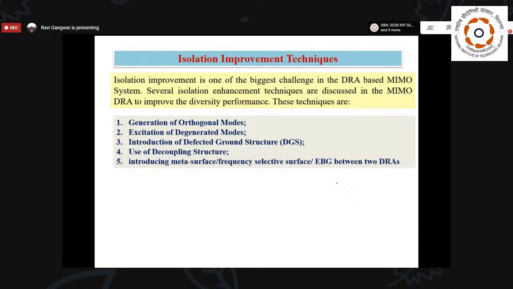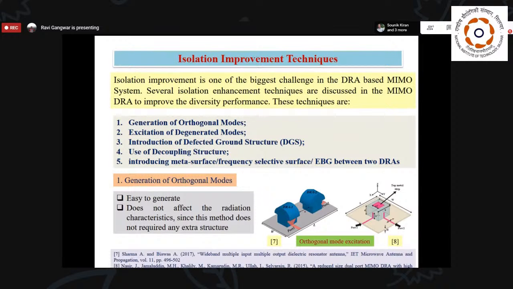The first and most important is the generation of orthogonal modes, then excitation of degenerate modes, then introduction of DGS, use of decoupling structures, and introduction of metasurfaces or FSS or EBG structures between the two DRAs. Here I am going to discuss them one by one.